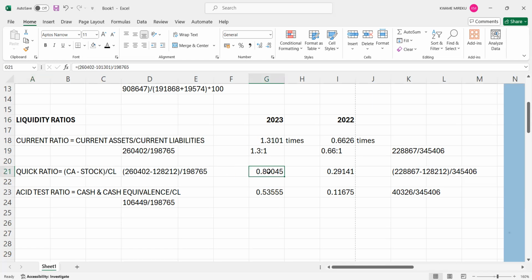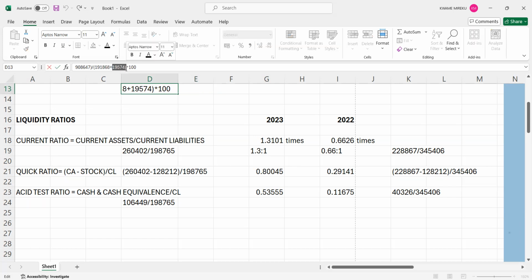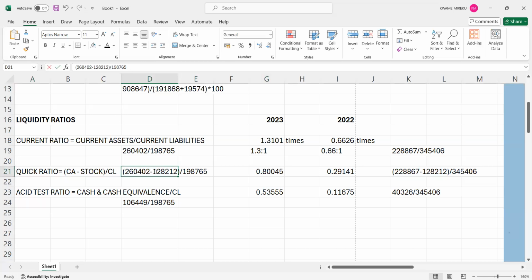Okay, I think I didn't correct this one, so let me correct it. The stocks for 2022: I did it in the main formula, but what I posted here, I did not correct. So let me just correct it here, just in case it confuses you. Okay, I think we are good to go now.